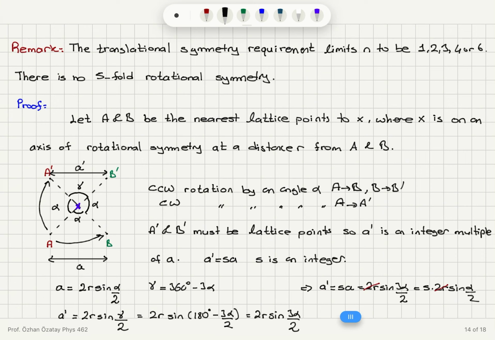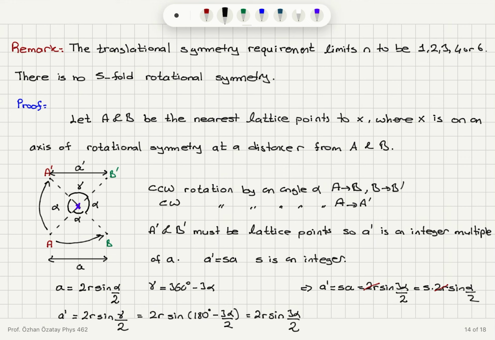So therefore, since I have a parallel situation here, this a prime has to be an integer multiple of a, which is the nearest neighbor distance in this lattice. So a prime must be s times a. So counterclockwise rotation by an angle alpha takes A to B, B to B prime. Clockwise rotation by an angle alpha takes A to A prime. And A prime and B prime must be lattice points because I have symmetry for this rotation.